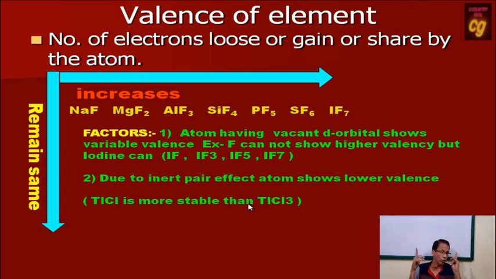For example, thallium chloride, TlCl, is more stable, while thallium trichloride is unstable. For lead, as we already discussed, PbCl2 is more stable compared to PbCl4, because Pb+2 is more stable than Pb+4 due to the inert effect. So these are some important factors affecting the valency of the atom.